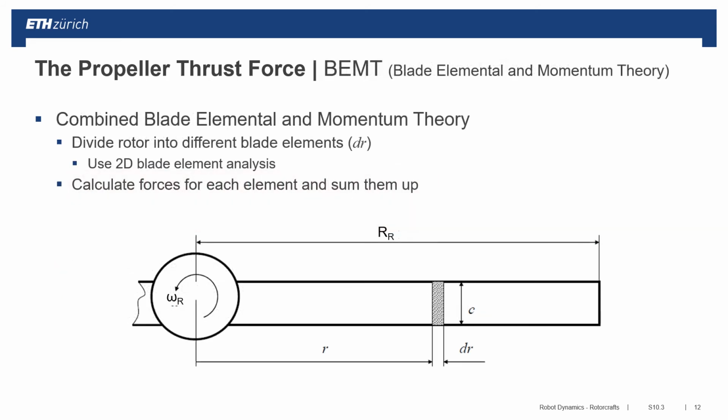In order to get a better estimate of the thrust force, you combine momentum theory with blade element theory. In blade element theory, you cut the whole rotor into small blade elements, and then you analyze this by calculating the lift and drag force for each element in the rotor, and you sum this up over the whole diameter of the rotor.